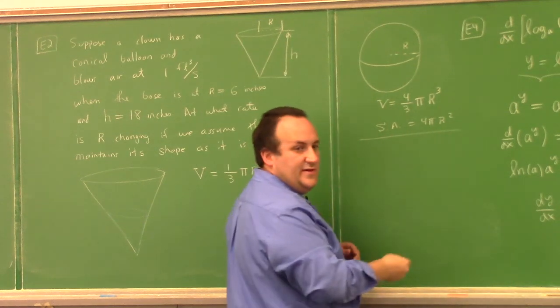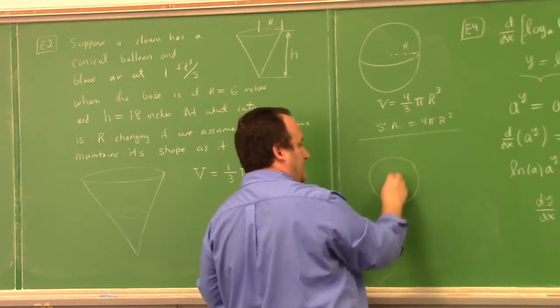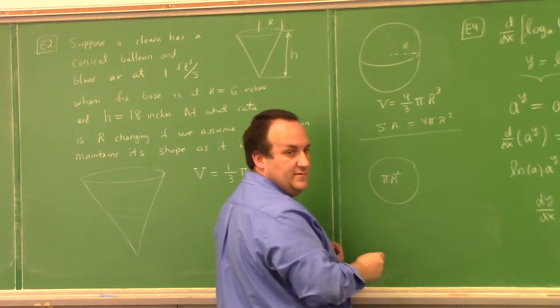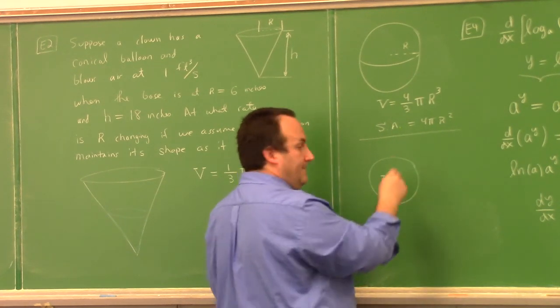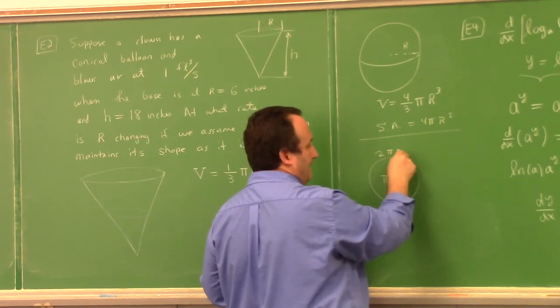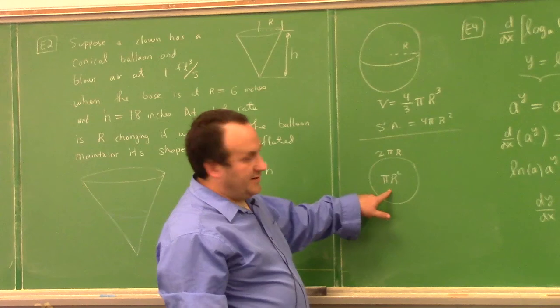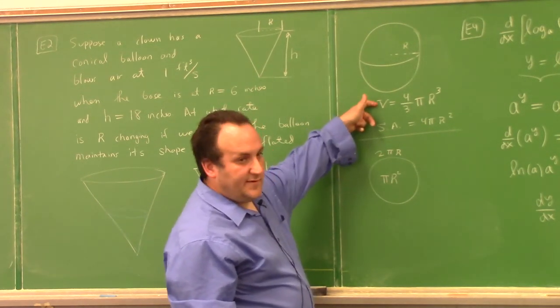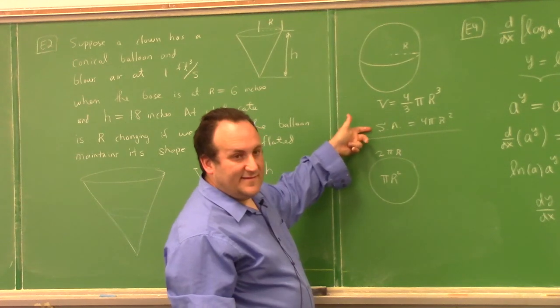Which is kind of neat, because you know that the area of a circle is pi r squared. What's the circumference of a circle? It's 2 pi r. So if you differentiate the area of a circle, you get the circumference. If you differentiate the volume of a sphere, you get the surface area.